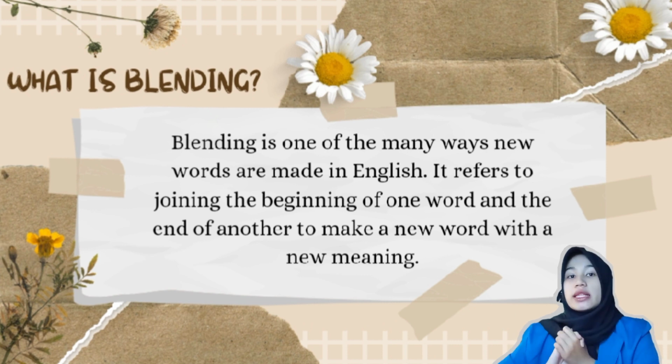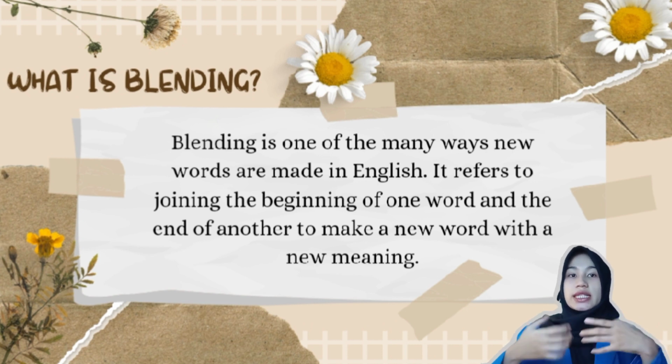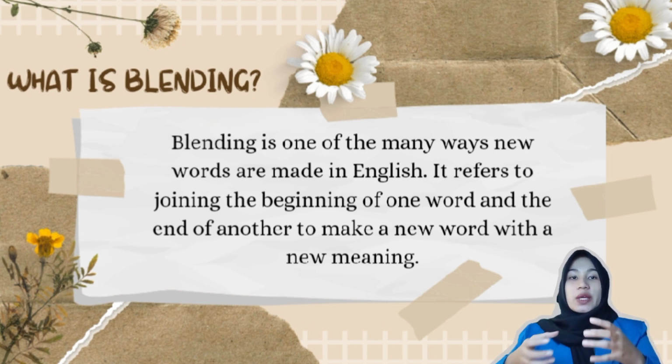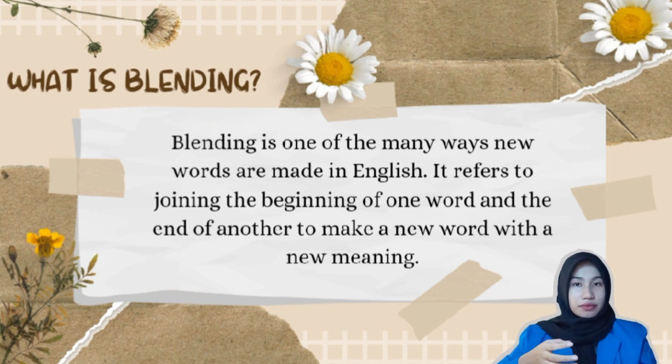I think blending is so important because blending is a crucial skill in learning to read. Being able to mentally join speech sounds together and make words helps young readers.